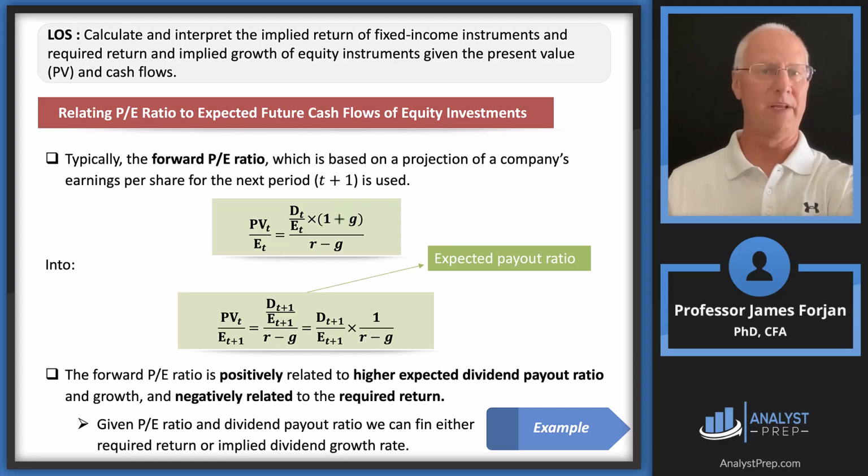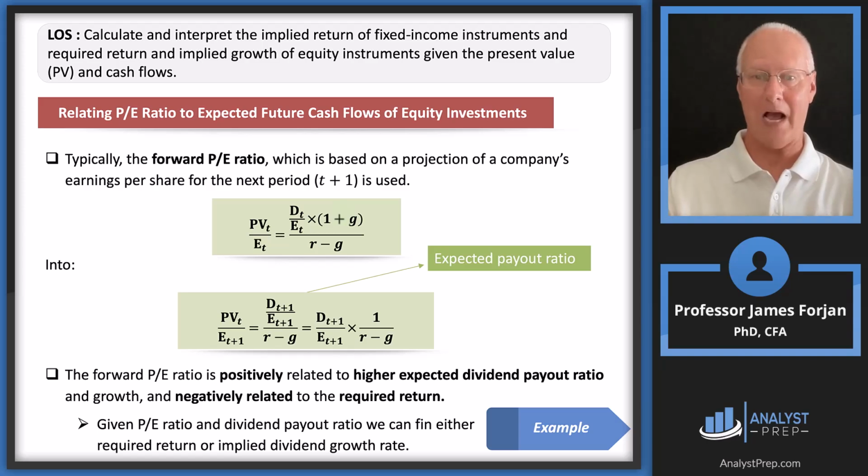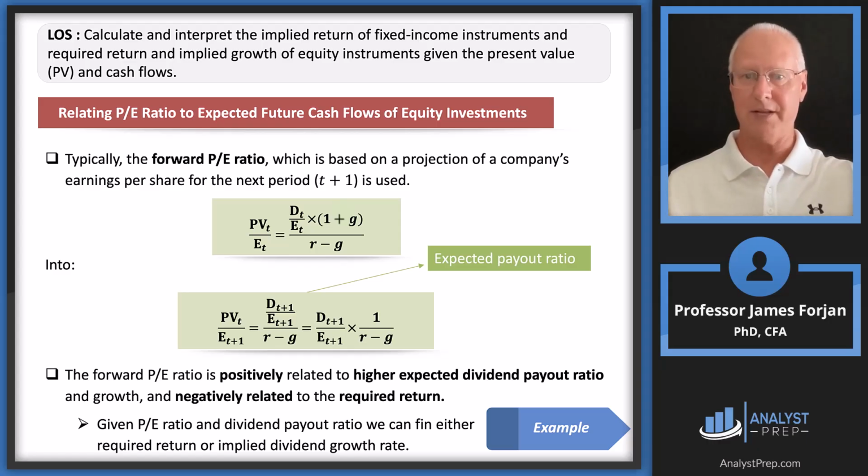And so notice we have in the green box over there the expected payout ratio. So instead of the current payout ratio, which is current dividends divided by current earnings, we just substitute the T+1 subscript in there. Everybody see that in the two green boxes? So look at the bottom box down there.